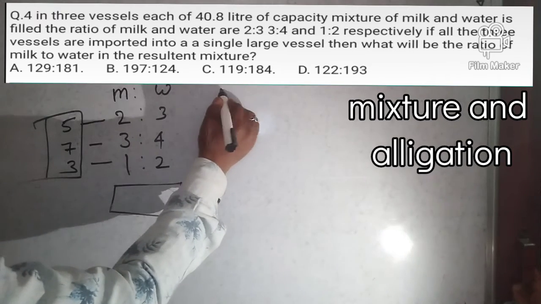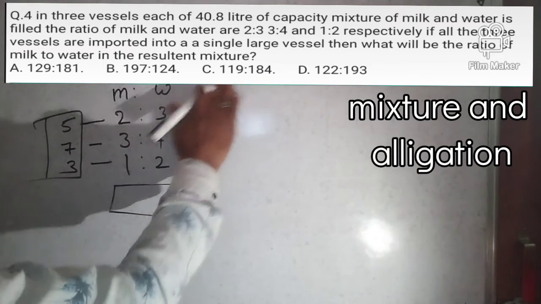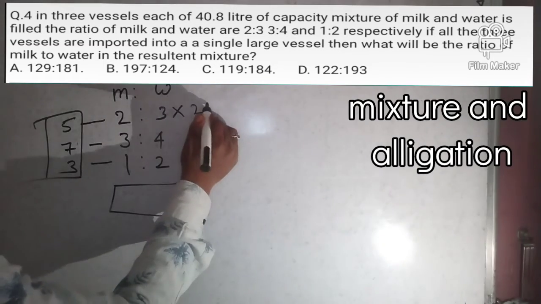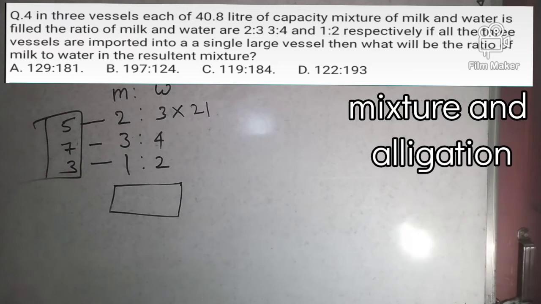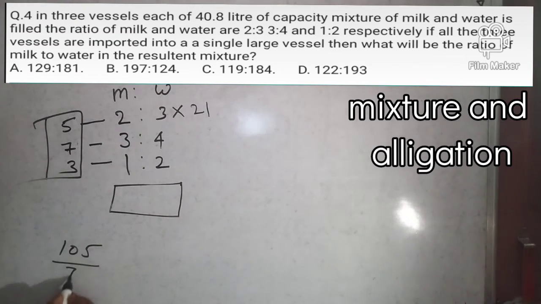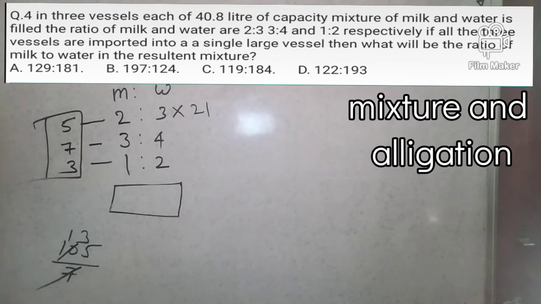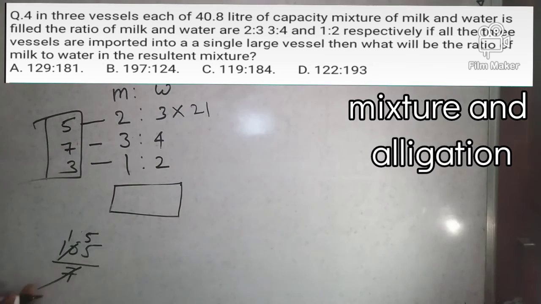Now 105 by 5, so it goes 21. So multiply by 21 here. 105 by 7, so 7 times 1 is 7 and 7 times 5 is 35.